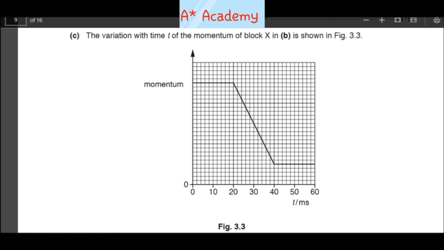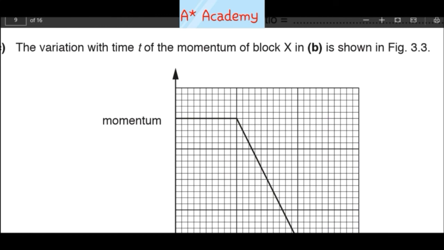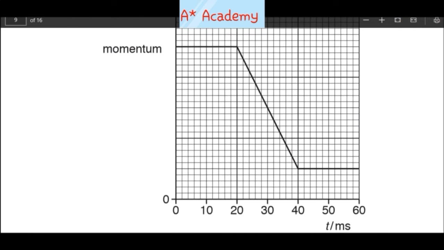So in the first 20 milliseconds, the momentum of Y is 0.